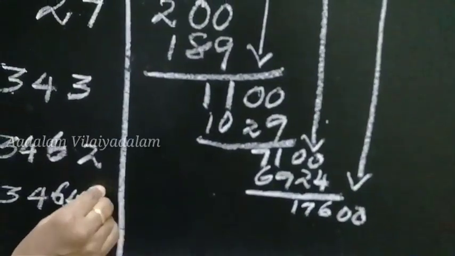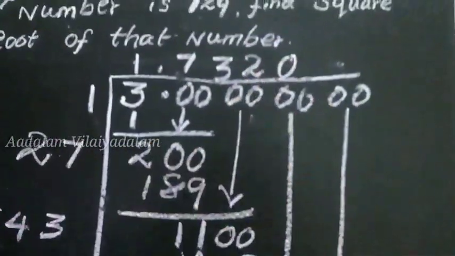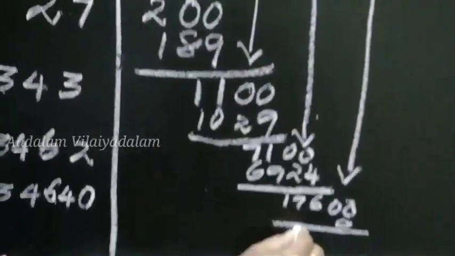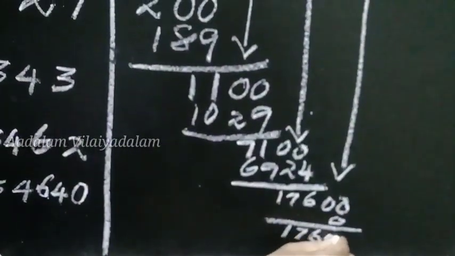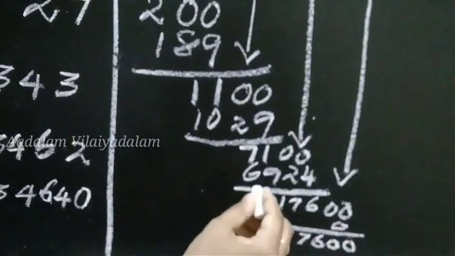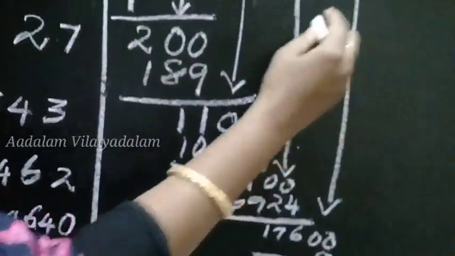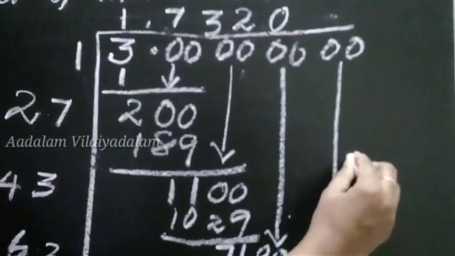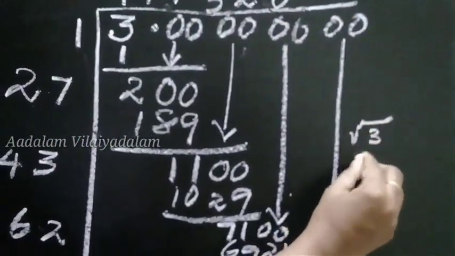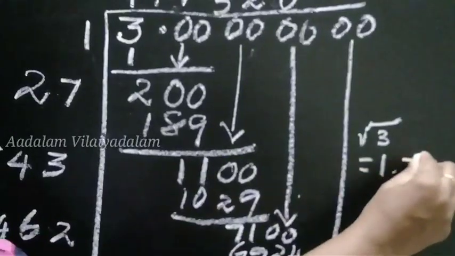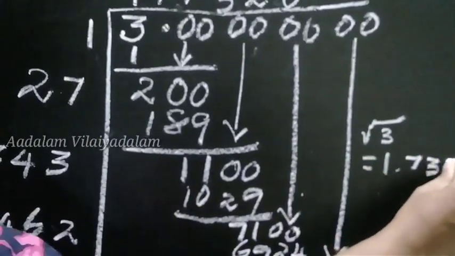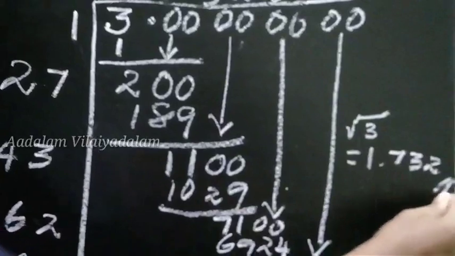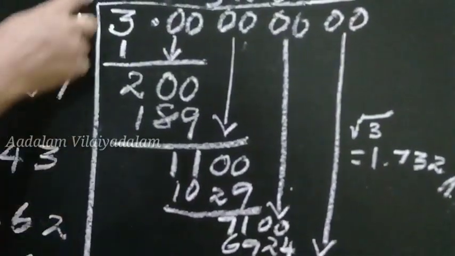So put 0 here, here also 0. So subtraction here, 17,600. Therefore the square root of 3, the answer is 1.7320. So the square root of 3, the answer is 1.732. So this is the square root of that number.